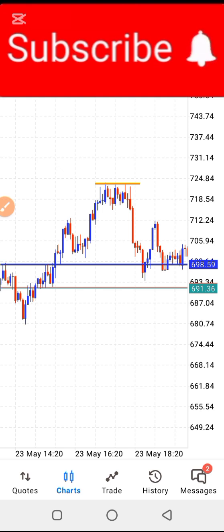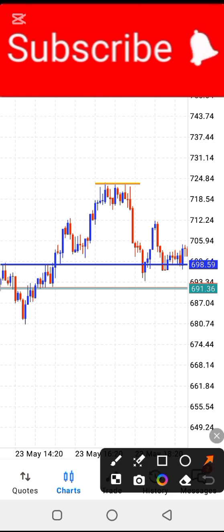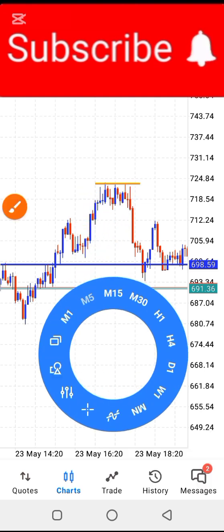Basically, once you are able to spot a relative equal high, then you have done the very first step of the strategy. You can mark it out with something like this. I did this horizontal line here with a trend line. Let me show you where it is.